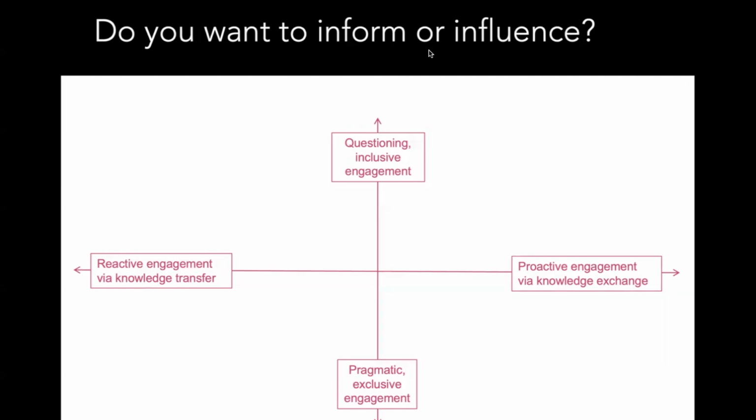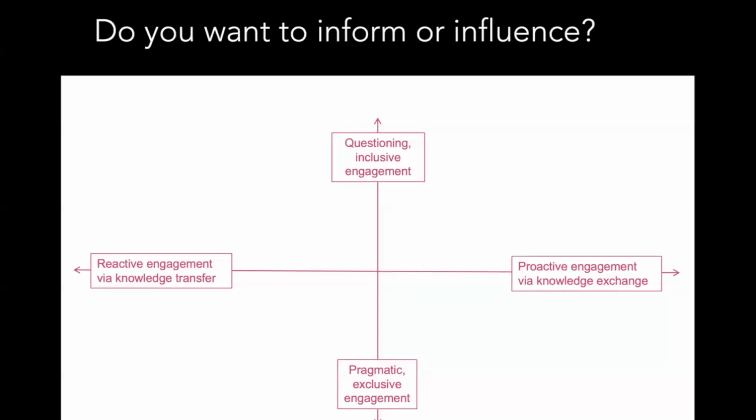Secondly, we have a question about the extent to which you want to take a questioning and inclusive approach to your engagement versus a more pragmatic and necessarily exclusive approach. And again, nobody aims to be exclusive and to cut people out, but this is pragmatic. And this is what many of us have to do because we have other things that we need to do.